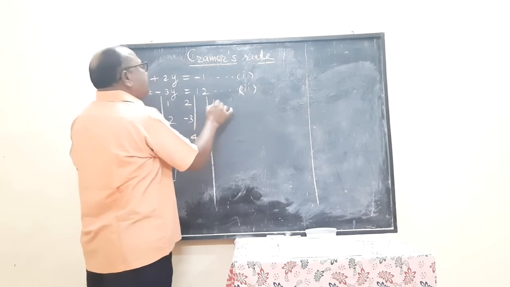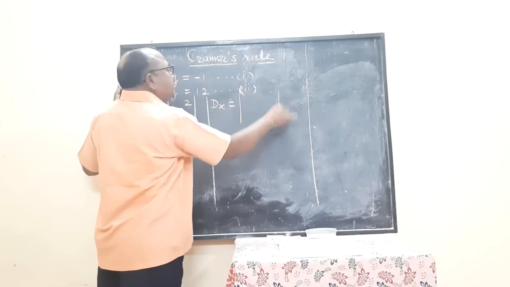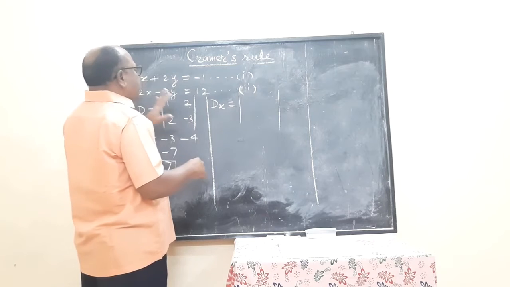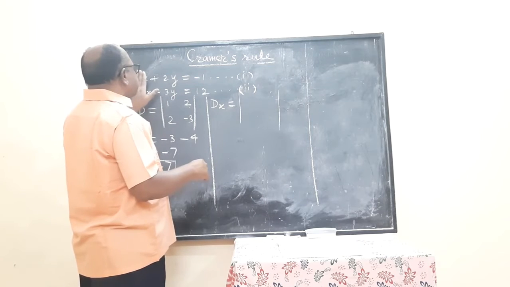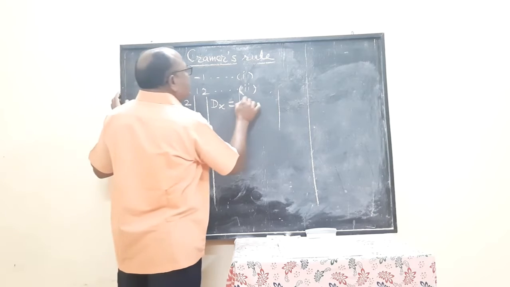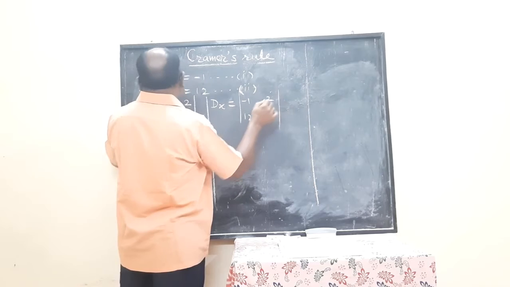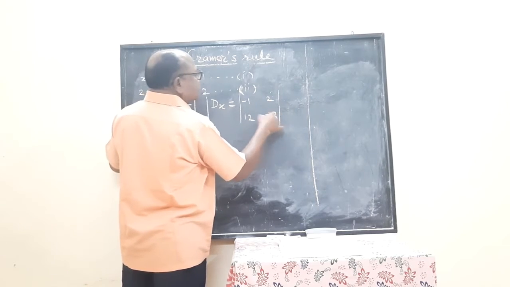After this I will write Dx. Now to get the value of Dx, instead of the coefficients of x, I will take the constant terms, -1 and 12, and 2 and -3.